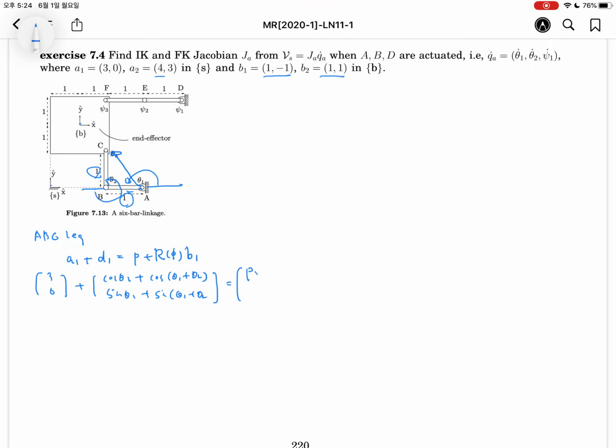This will be equal to P. P will be Px and Py, maybe Px is 1 and 3. Is it right?